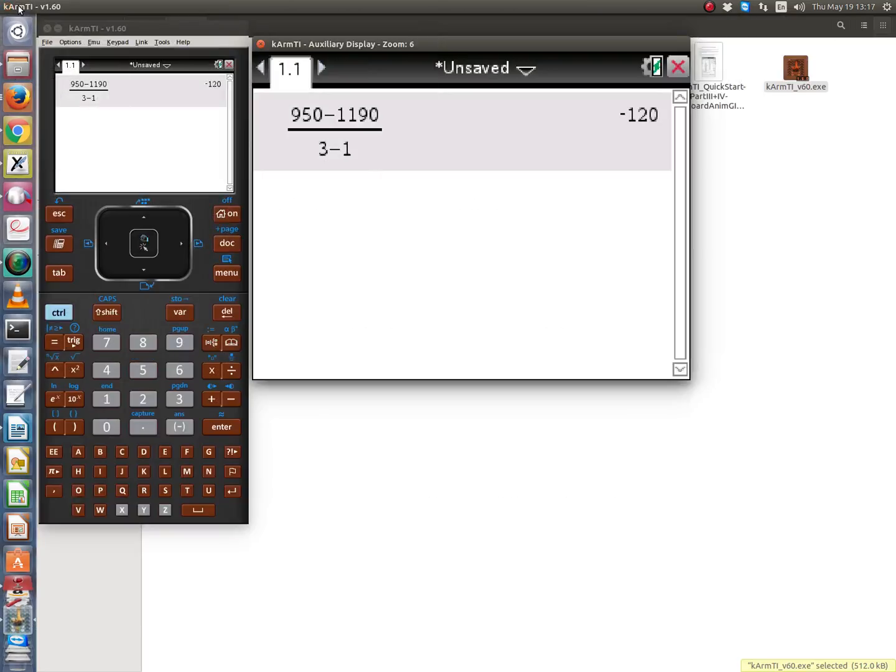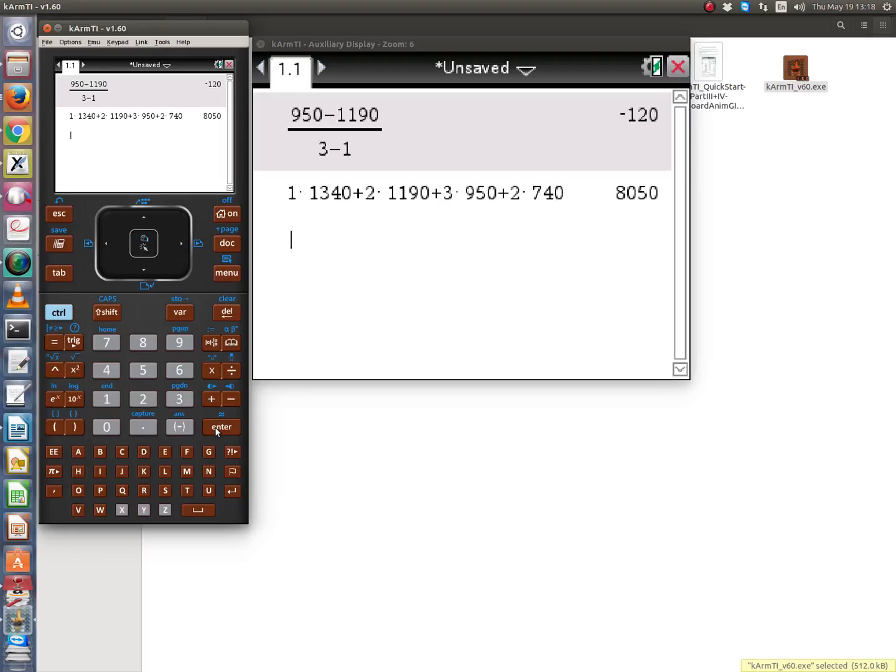It's going to be 1 times 1340 plus 2 times 1190 plus 3 times 950 plus 2 times 740, which is 8,050.